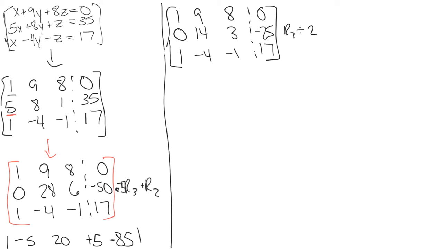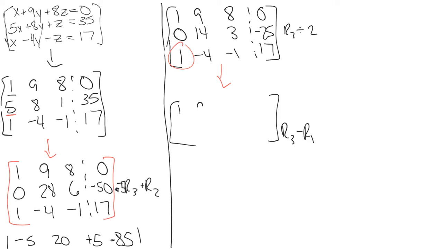So next up, I'm needing to make my row 3 now a 0. That first piece right here, I'll circle it. That needs to be a 0. So how do I go about doing that? Well, I need to do row 3 minus row 1.